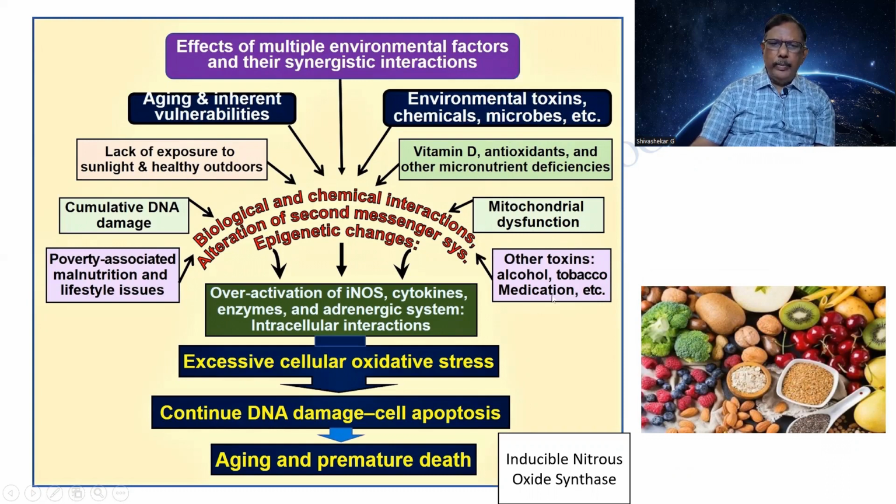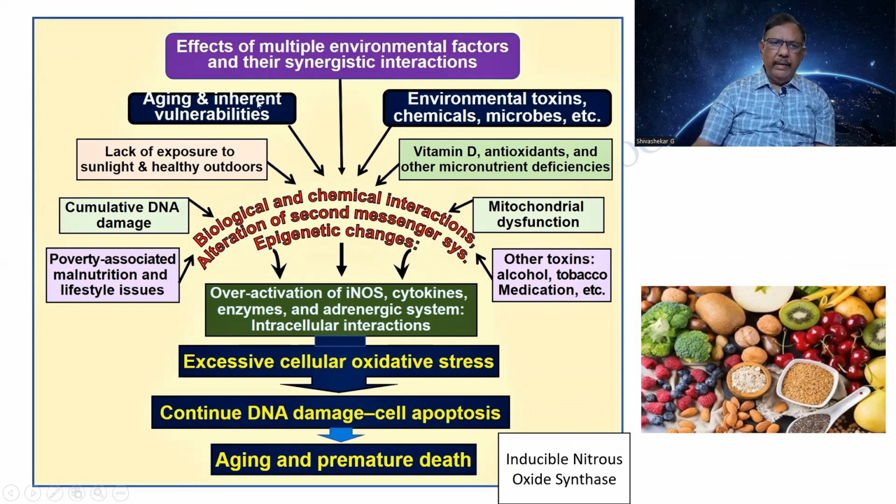Toxins such as alcohol, tobacco, etc. All of this will lead to biological and chemical changes which can result in overactivation of iNOS. iNOS is inducible nitric oxide synthase, cytokines, other enzymes, as a result of which there is intracellular accumulation, then oxidative stress, DNA damage, apoptosis, then premature aging and cell death.